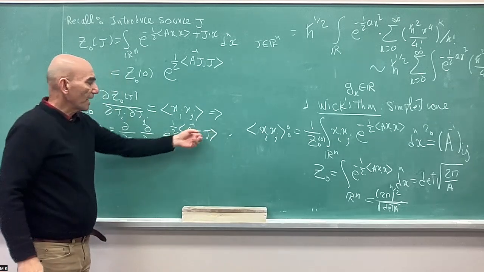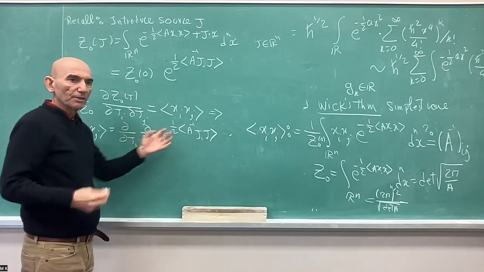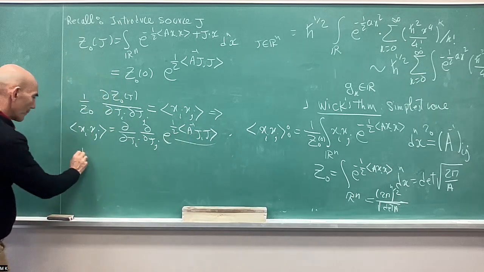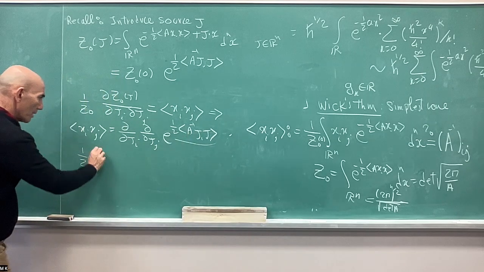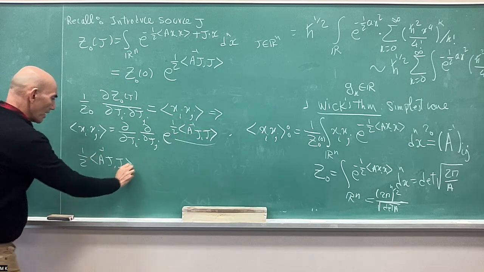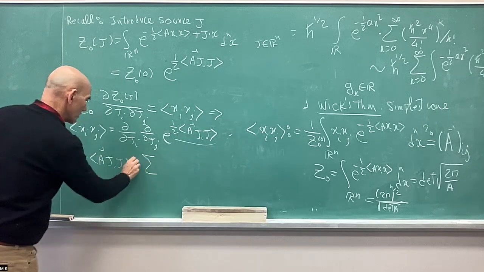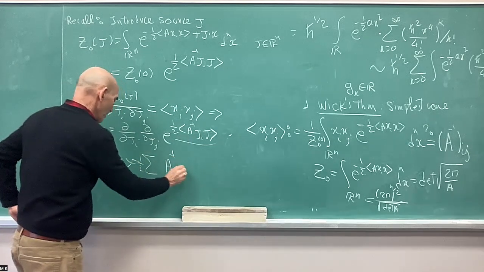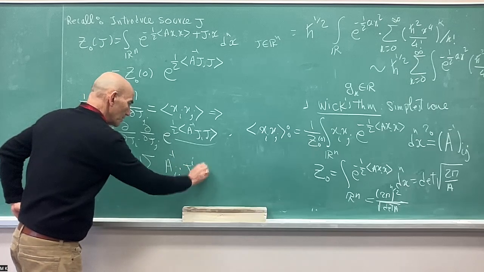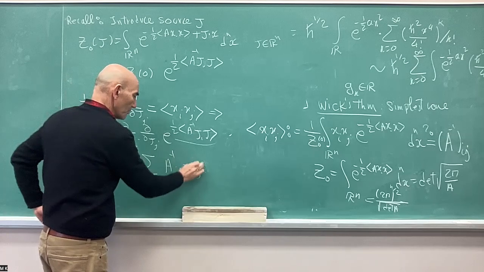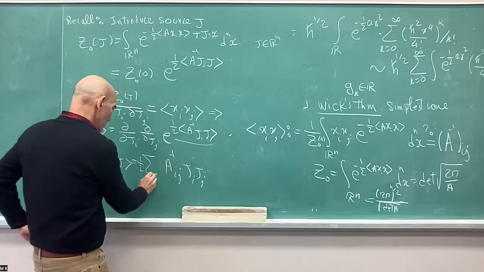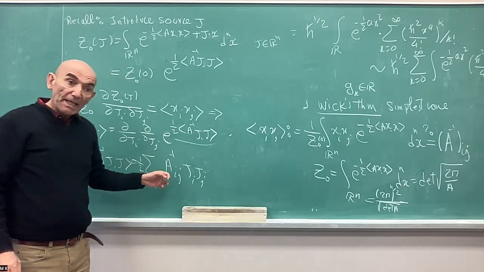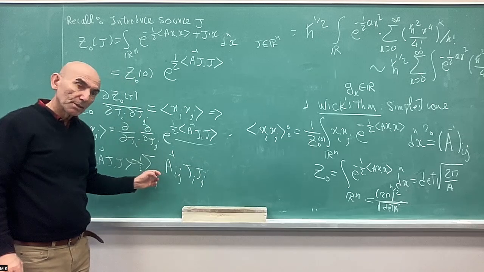But this term, if you look at it, is a quadratic term with coefficients from A inverse. So let's look at this term, 1/2 A inverse J, where J is a sum. So this is like 1/2 sum of A inverse_ij J_i J_j. But the matrix A is a positive symmetric matrix, right?